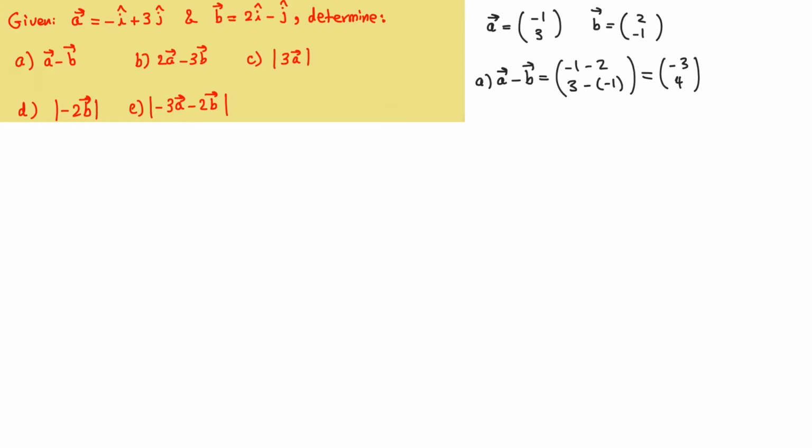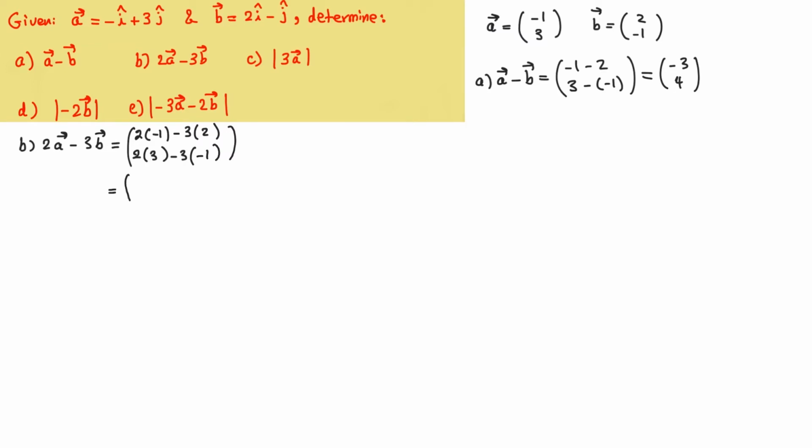+4. Okay, for part B of the question, we got 2a minus 3b, or 2 times vector A minus 3 times vector B. So I'll write that here. 2 times the x component of vector A, which is -1, minus 3 times the x component of vector B, which is 2, and the y component of vector A is 3, minus 3 times the y component of vector B, which is -1.